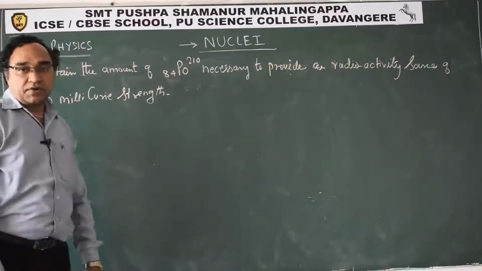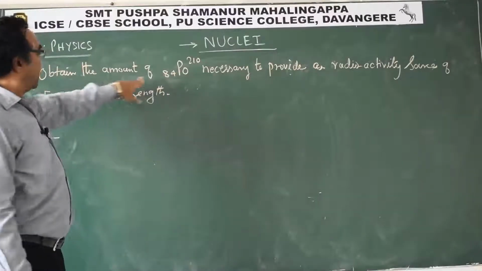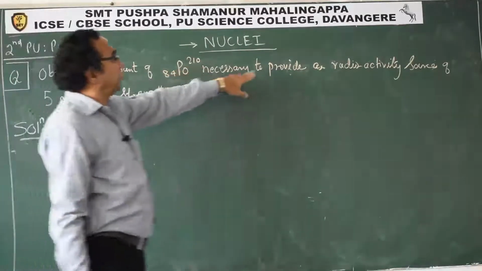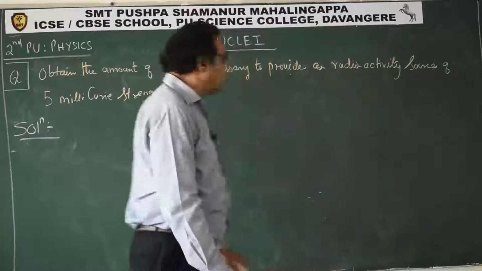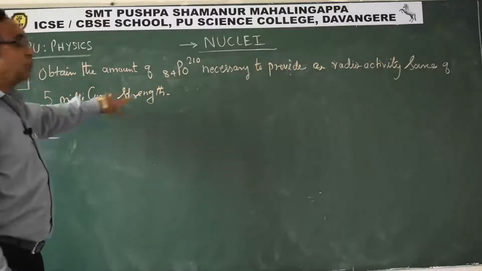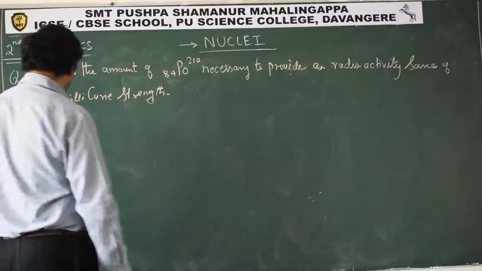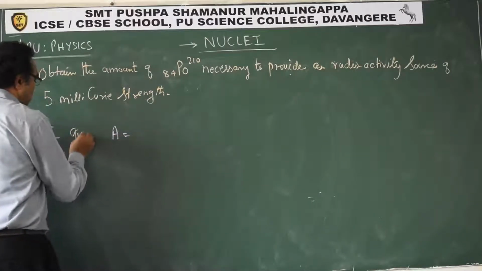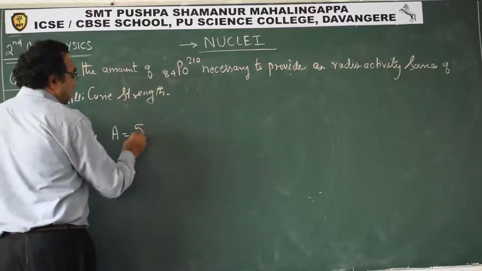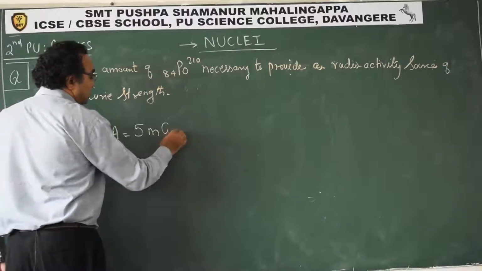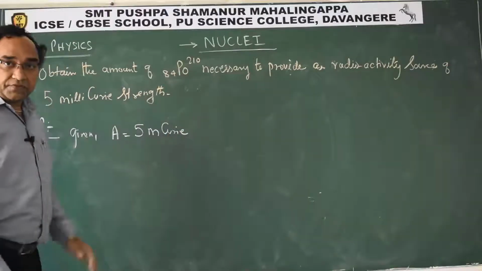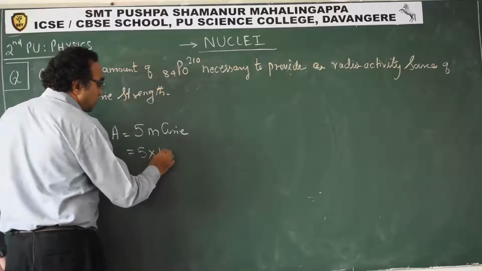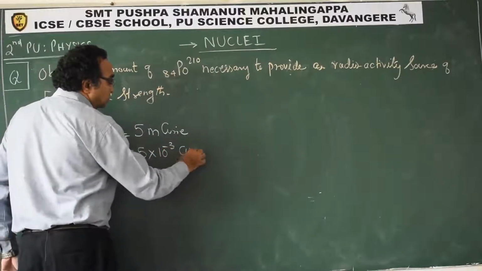Well students, let us take one conceptual question. Obtain the amount of polonium 84Po210 necessary to provide a radioactivity source of 5 millicurie strength. Well, activity is given, 5 millicurie. Let us convert it: 5 into 10 power minus 3 curie.